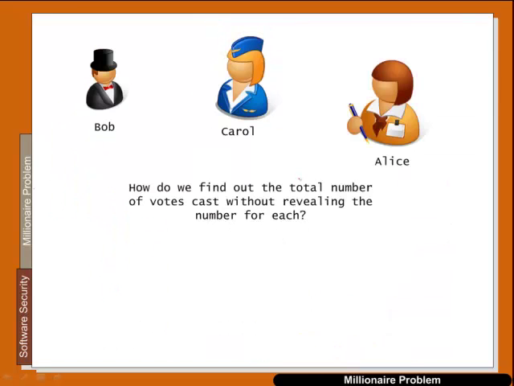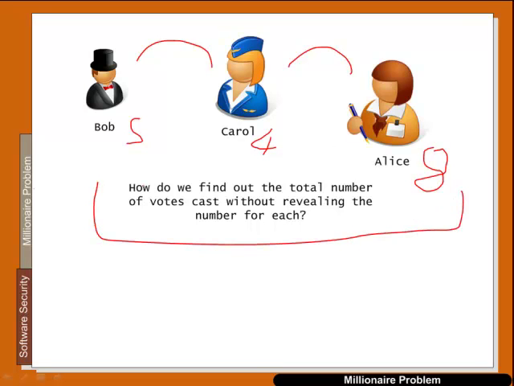So an example might be we have Bob, Carol and Alice. There's certain votes for each person. Let's say we have these. And how is it possible for us to know the total number of votes without actually Bob revealing the votes that he got, Carol revealing hers, and Alice hers?